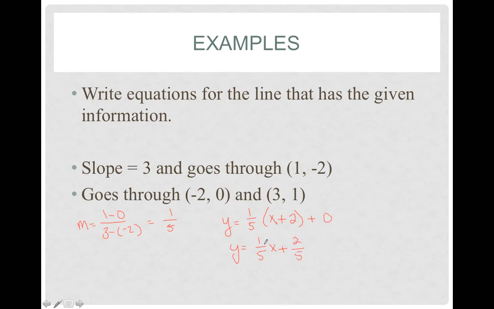And then if I wanted to put this in general form, I'm going to multiply everything by 5. And I'm going to get 5y equals x plus 2. And I'm going to get everything on one side, so I'm going to subtract 5y. So I get x minus 5y plus 2 equals 0.